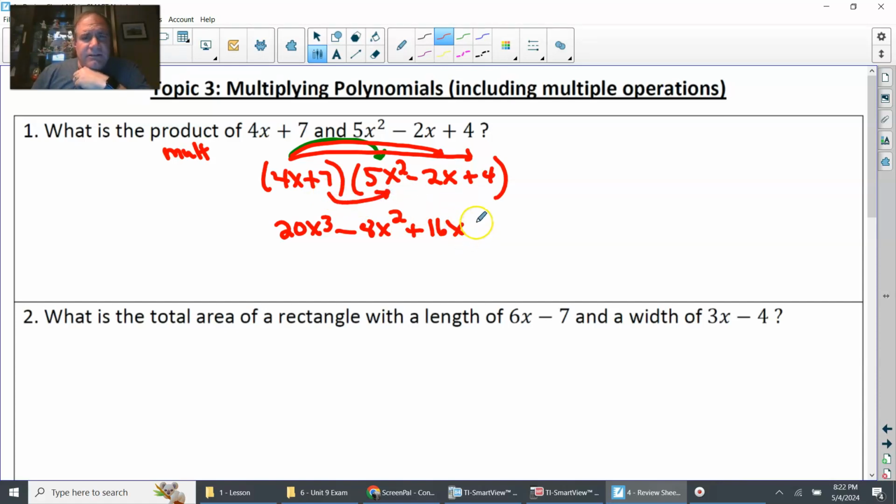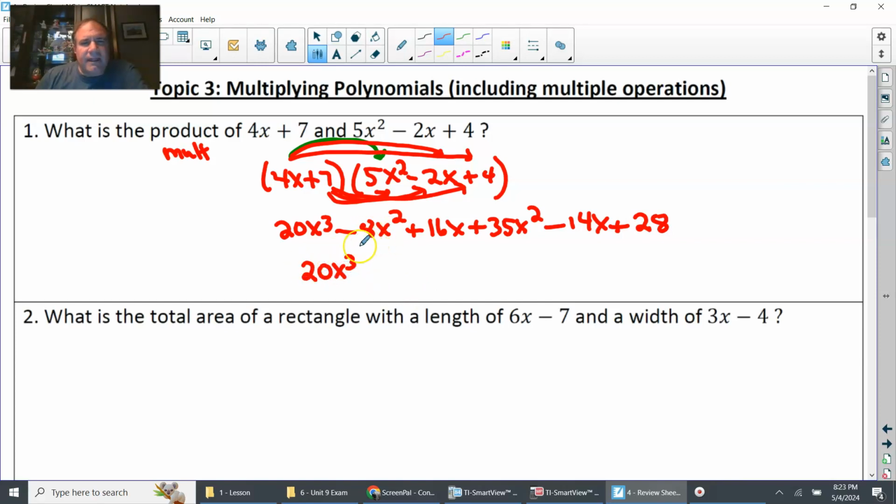7 times 5x, that's 35x squared. 7 times negative 2x, that's negative 14x. And then 7 times 4, that's 28. So now we have only one with the third power.